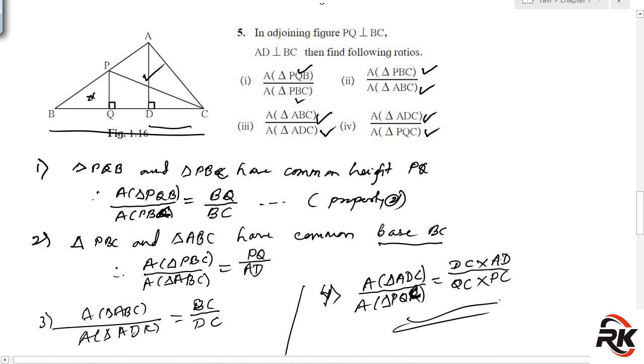These are the 4 ratios. Here end of the exercise number 1.5.